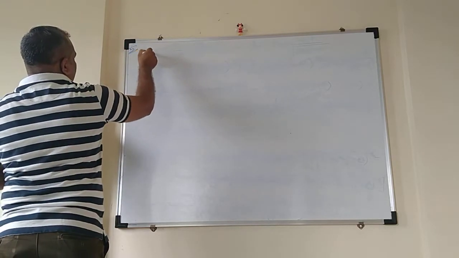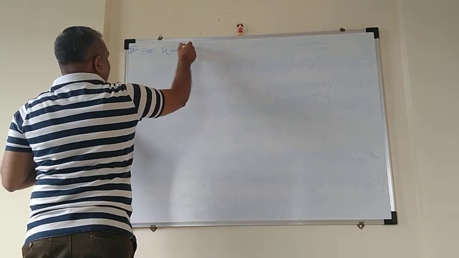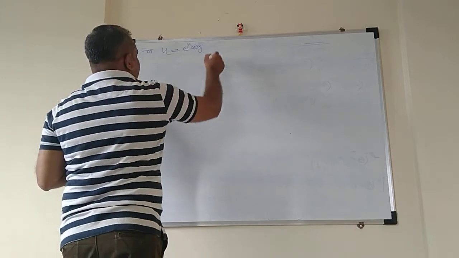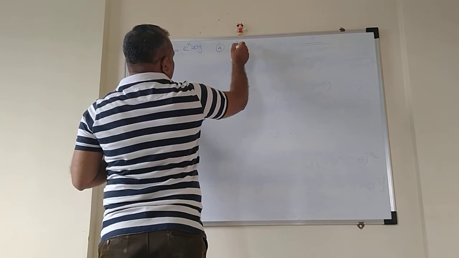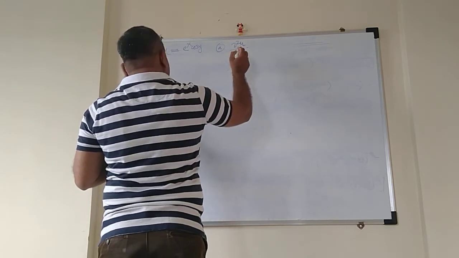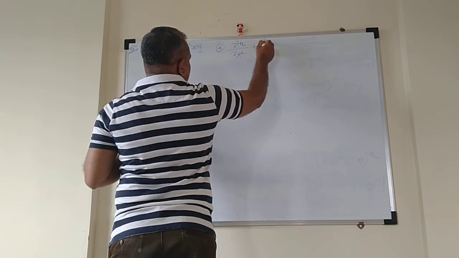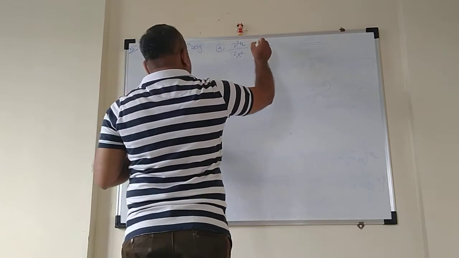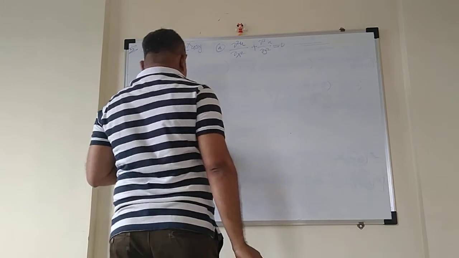For a function u equals e raised to x cos y, verify that dou 2u by dou x square plus dou 2u by dou y square equals 0.